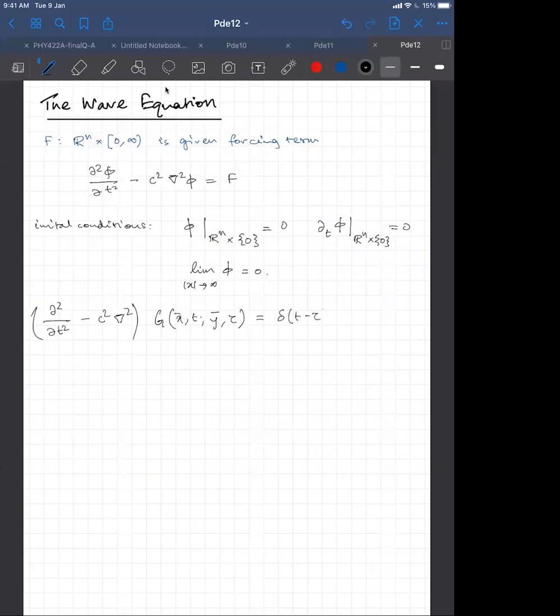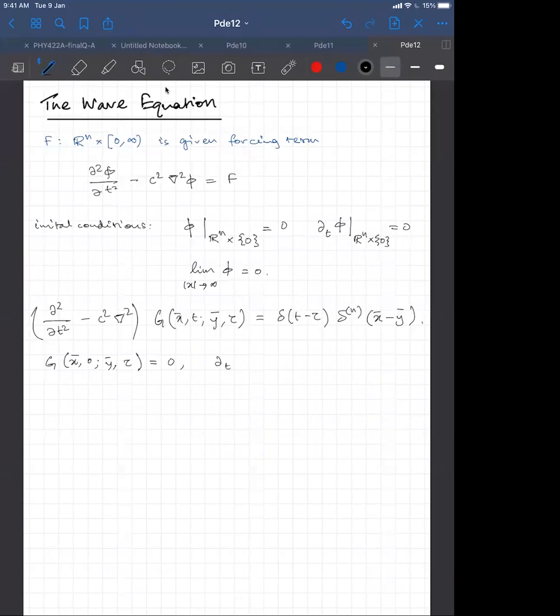This is equal to delta of t minus tau times delta n of x minus y. Now the boundary conditions are going to be similar. So g of x, 0, y, tau is equal to 0.